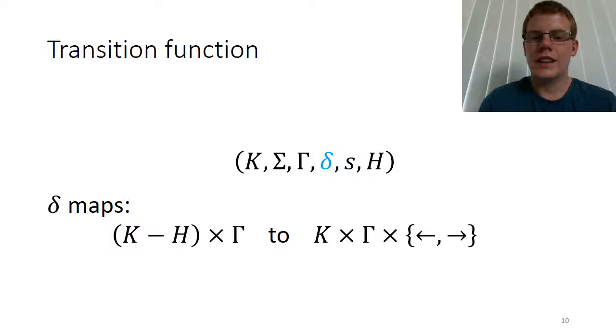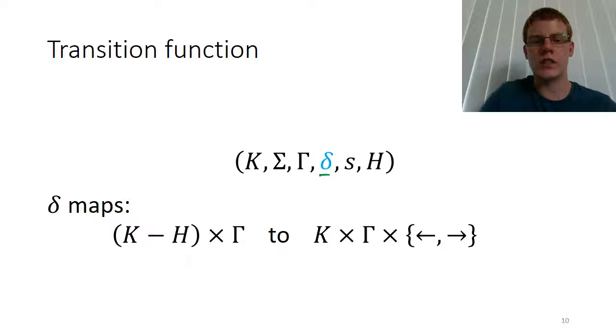So finally, the last bit of our tuple, which is always the most important and most complicated part of the tuple, our transition function. Now with the push-down automata, we just let this be a transition relation, and in theory this could just be a transition relation, but for the moment we're going to define just a transition function. So our Turing machine is going to be a deterministic model.